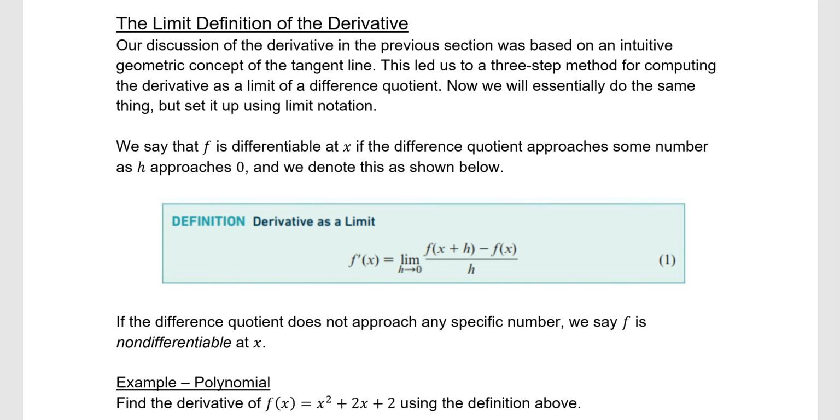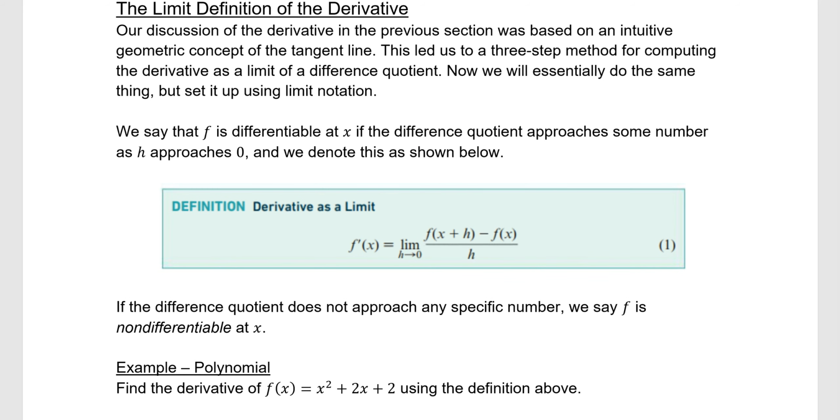If the function is differentiable at x, meaning we can actually take the derivative and plug in the value for x, then we have this difference quotient, which once again is f of x plus h minus f of x all over h. The difference quotient approaches some number as h approaches 0, and this is the notation that we use. Same thing that we did at the end of last class's lecture, except a more formal definition.